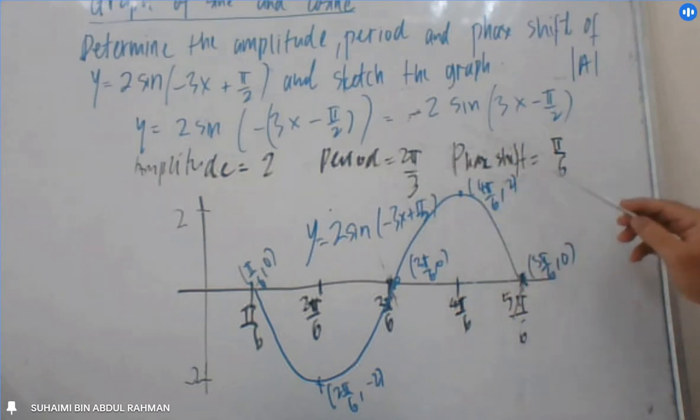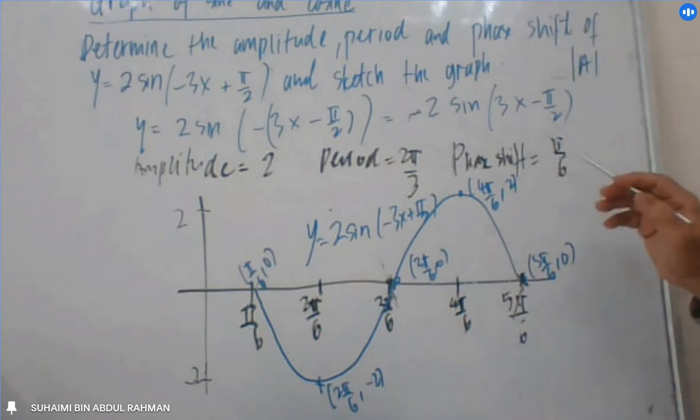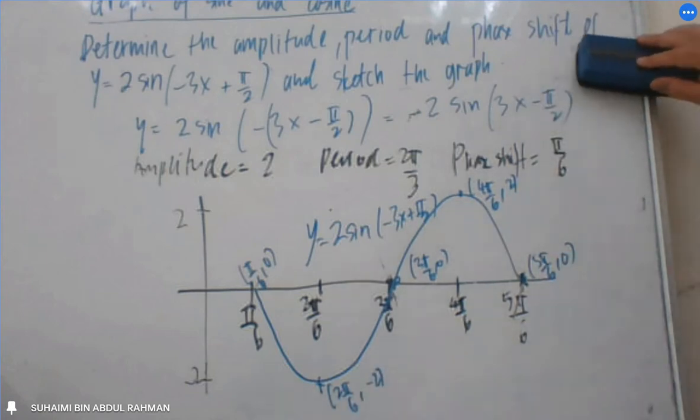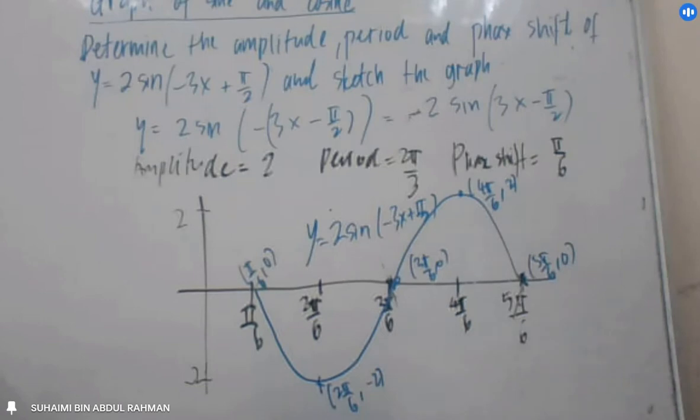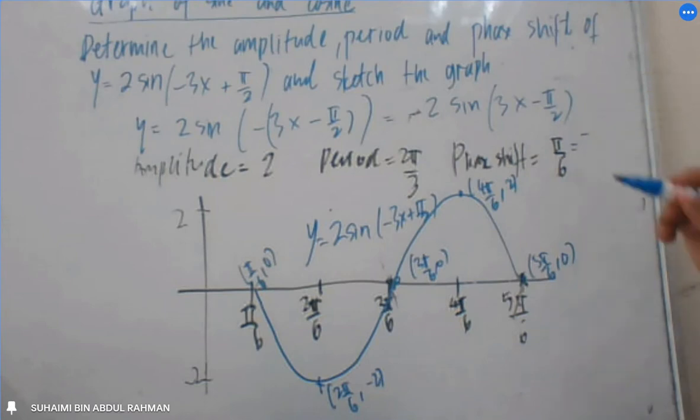And phase shift, from the formula of phase shift: negative C over B. So it's negative. What is C?